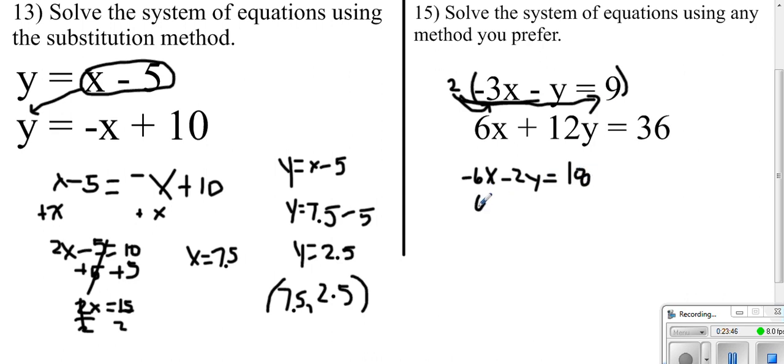And what I asked everybody to do is just go ahead and rewrite the equation that you did not work with. And then you can see that they cancel out. So you have 10y equals 36 plus 18.